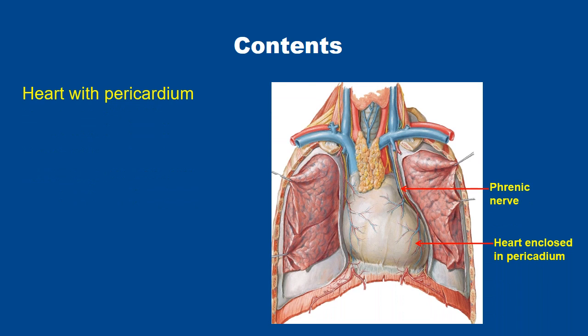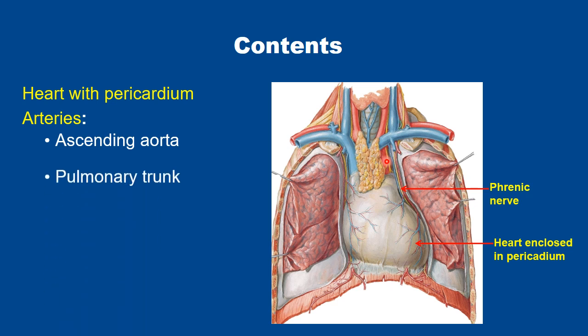Now we'll discuss the contents present in the middle mediastinum. It contains the heart with the pericardium. Here we can see the heart and the pericardium. It also contains some arteries like the ascending aorta, here this is the ascending aorta, and the pulmonary trunk, which lies just behind the thymus gland.